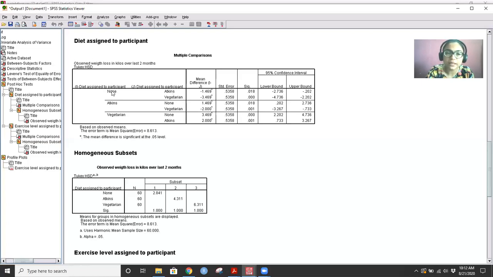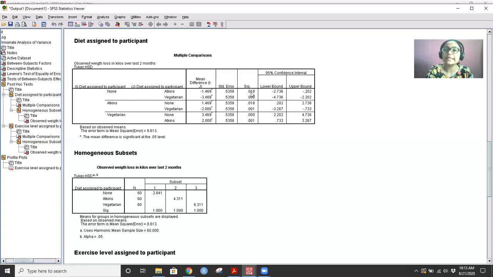The difference in weight loss between no diet and Atkins diet is 1.46 kg. And this difference is statistically significant because the p-value in the significance column is 1.8%, which is way lower than alpha of 5%. So I'm rejecting the null hypothesis of no difference.